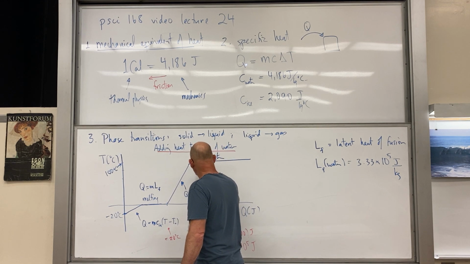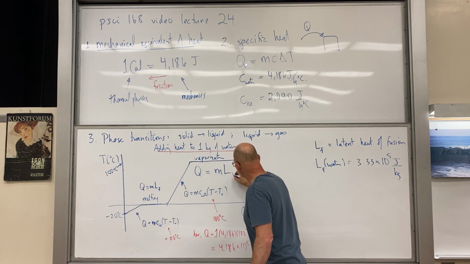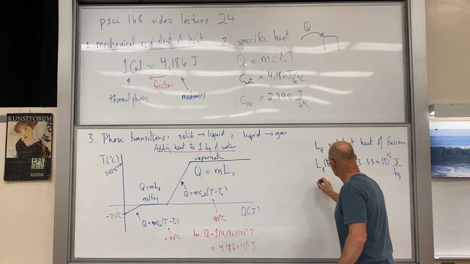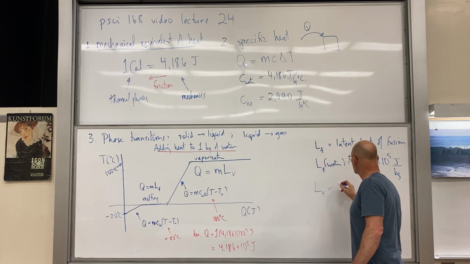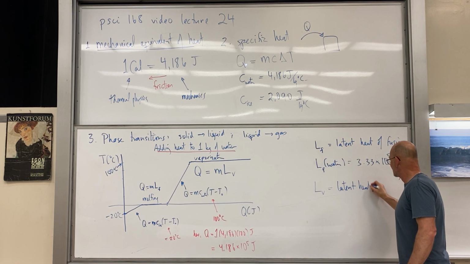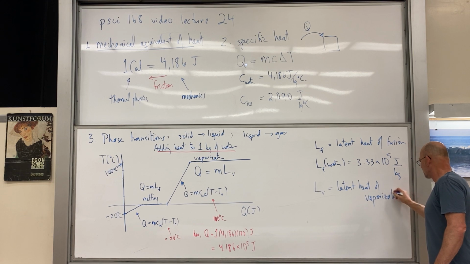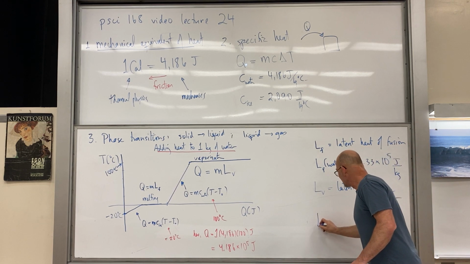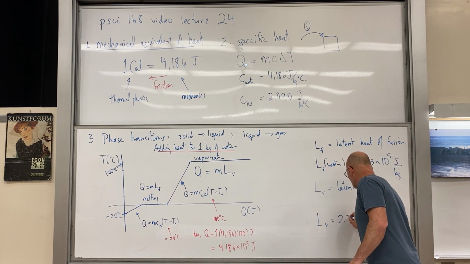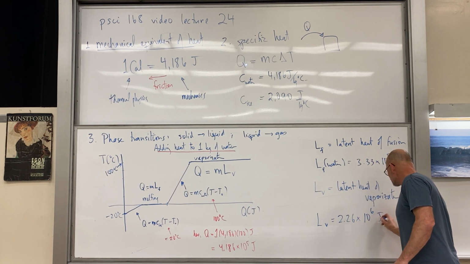And that energy is the mass times the latent heat of vaporization. So L sub V, called the latent heat of vaporization, is 2.26 times 10 to the 6 joules per kilogram.